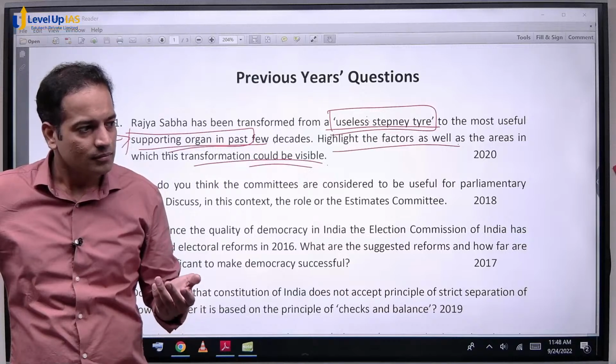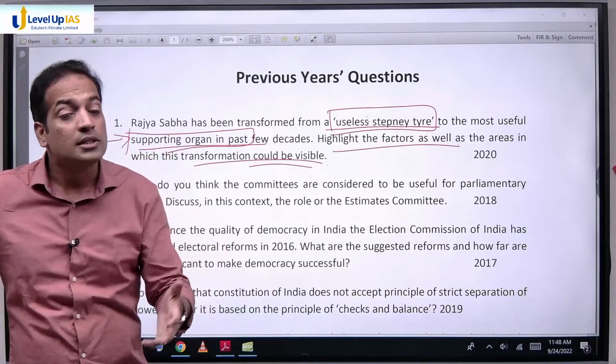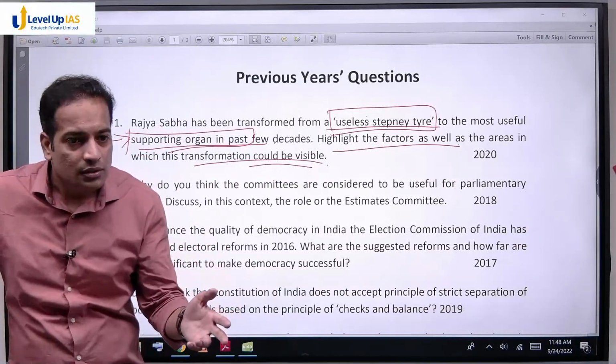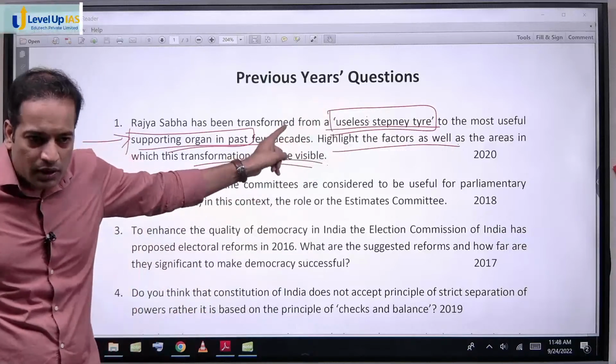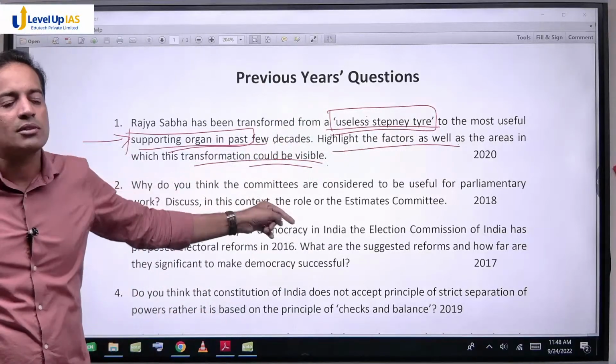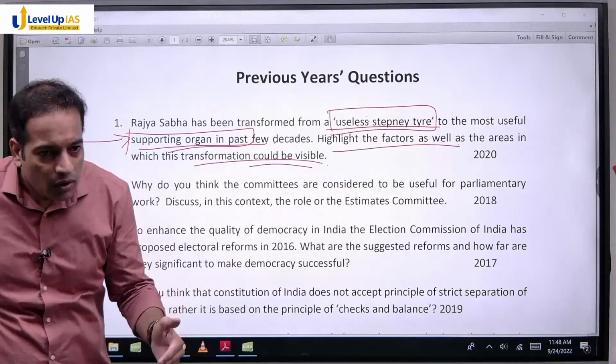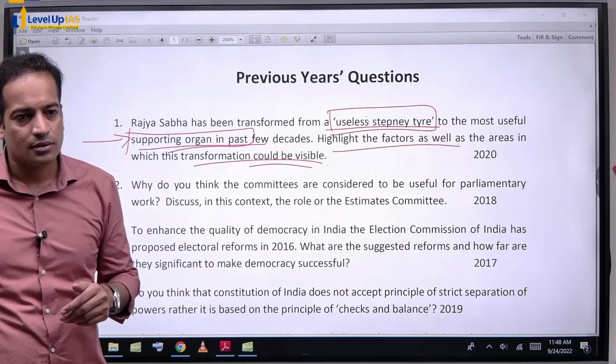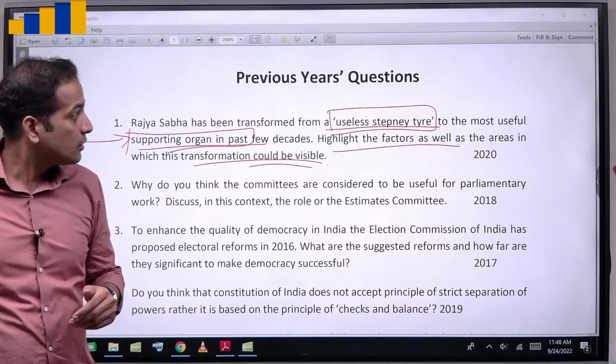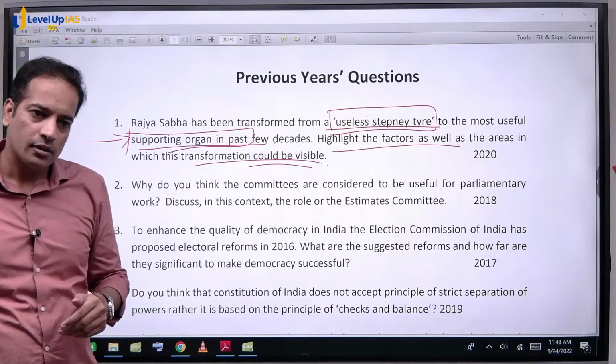Then in Lok Sabha, bills are being passed without much discussion, so naturally Rajya Sabha is acting as a check on hostile legislations. Then here it has four components: useless stepney, supporting organ, factors, transformation.